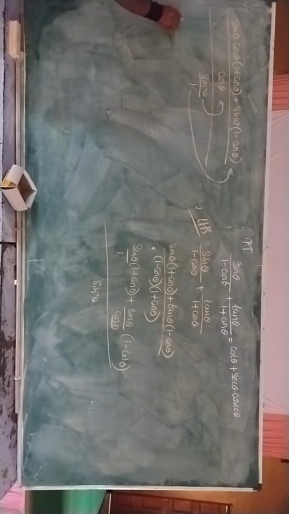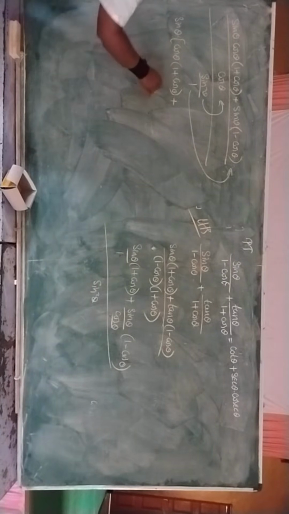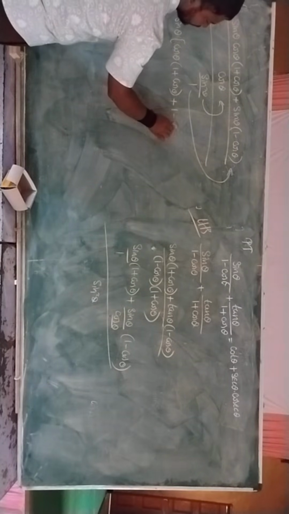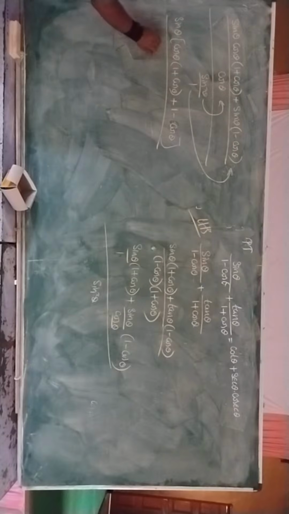So now sin theta is common, take it outside, into bracket cos theta into bracket 1 plus cos theta plus 1 minus cos theta. That is complete. Am I right? Whole divided by cos theta into sin square theta. 1 sin theta and 1 sin theta cancel.